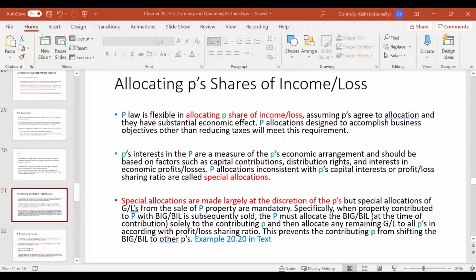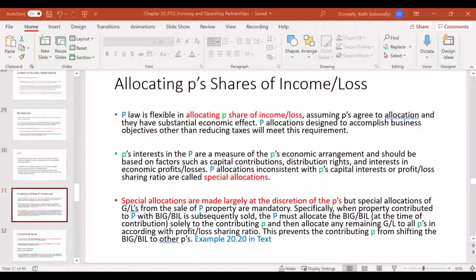So using our example, let's back up. A partner contributes the machine, has $75 basis, $125 fair market value, meaning $50 built-in gain at the time of contribution. The partnership later sells it for $200, has an adjusted inside basis of $75, so has a $125 gain. The bottom line is the partnership has a $125 gain to distribute between the partners.